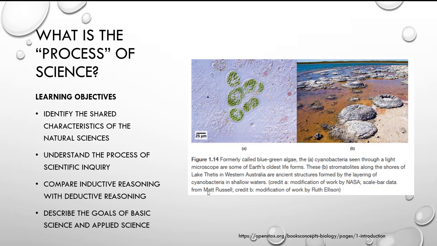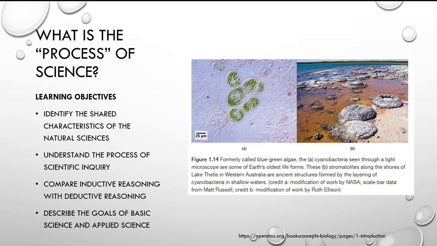Okay? So the field of biology, we're going to basically delve into it, starting with the oldest signs of life on Earth. If you take a look at this figure on the right, you can see these microscopic organisms. We think that life began with these microscopic organisms, something similar to what you see over here on the left, these bacterial cells.